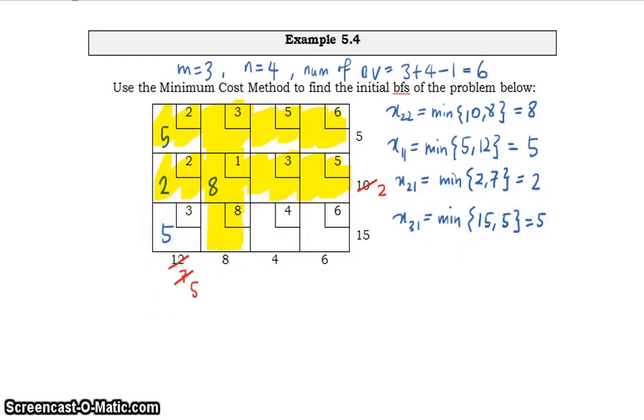Then we cross out the first column and reduce D3 from 15 to 10. 15 minus 5 is 10.